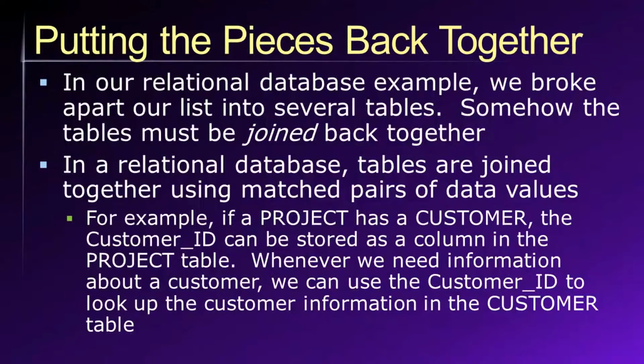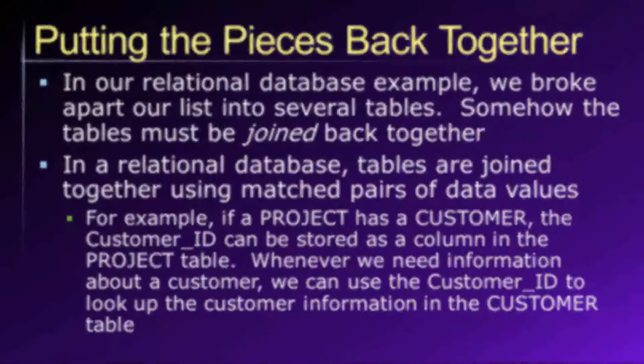Now, a very, very important concept for you to understand is that in the relational database world, we link the records in different tables together using matched pairs of values. These matched pairs of values allow us to associate a row in one table with one or more rows in another table.